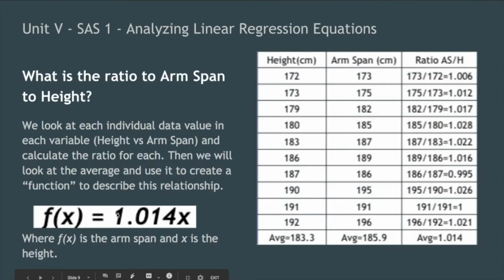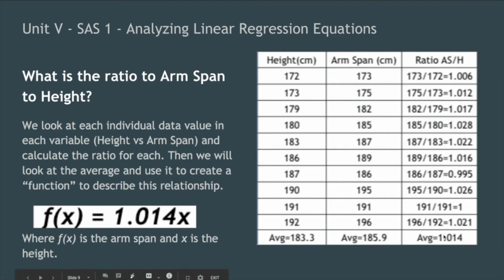So what are we looking at? We look at each individual data value and each variable, height versus arm span, and to calculate the ratio for each, we'll look at the average and use it to create a function to describe this relationship. So if we look at this ratio over here, we're going to divide the arm span by the height, and we'll get a ratio. As you can see, every single one except this one right here is 1 or more.